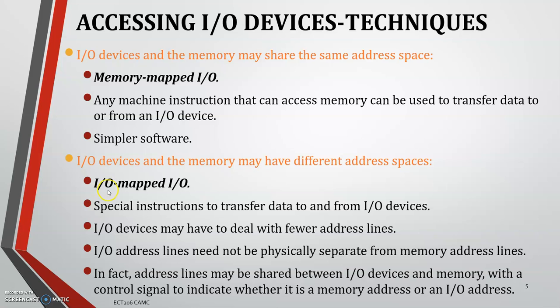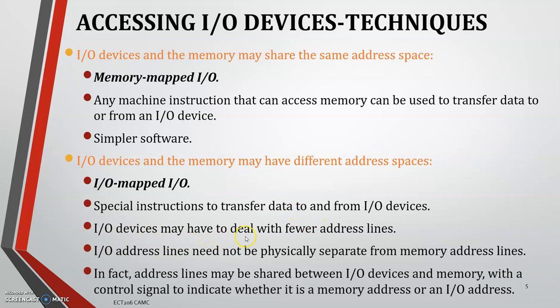And the second one, that is I/O mapped I/O, where the input-output device and the memory have different address spaces. This is called I/O mapped I/O. Special instructions are used to transfer data to and from the I/O device. So for memory transfers we use one instruction, and to transfer from an I/O device, we use a different instruction in this case.